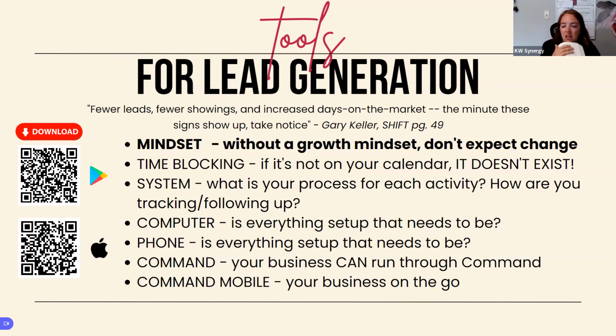So this is literally Gary writing about how you lead generate in a shifting market, what you're experiencing right this second. So if you don't have this book, like I said, buy it, get it on Audible, steal it from your team leader. Somebody in leadership has this book that you can borrow. So read this.